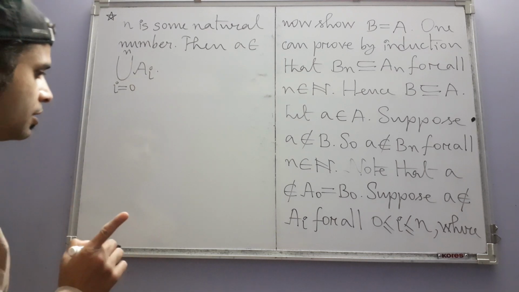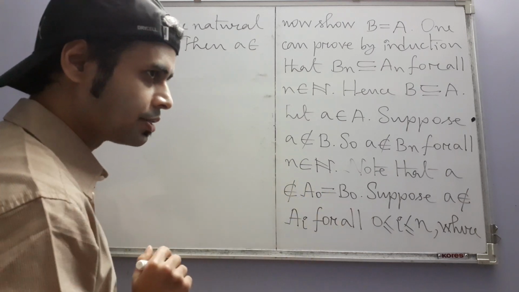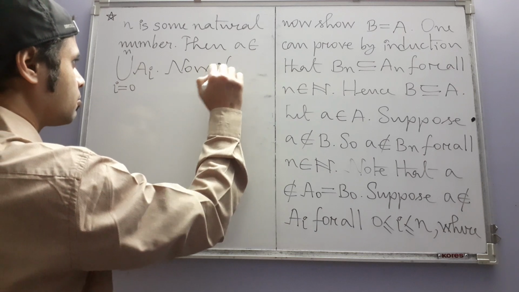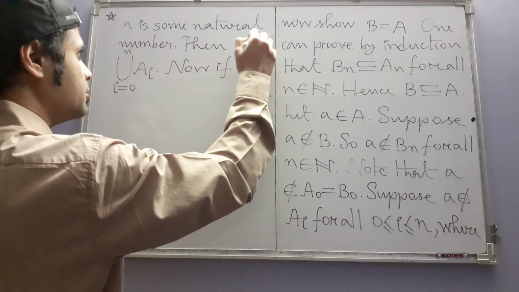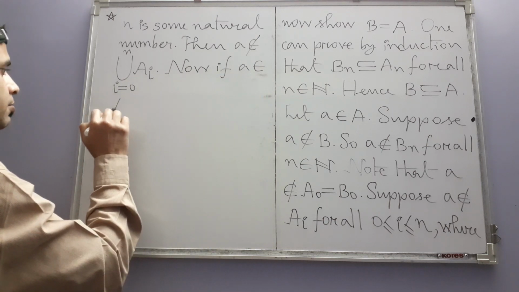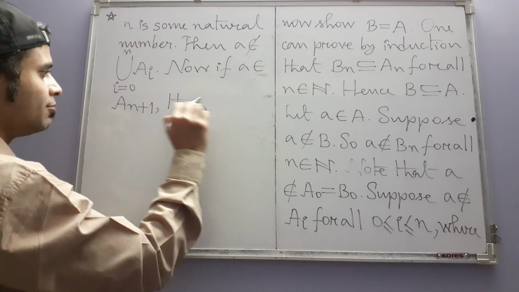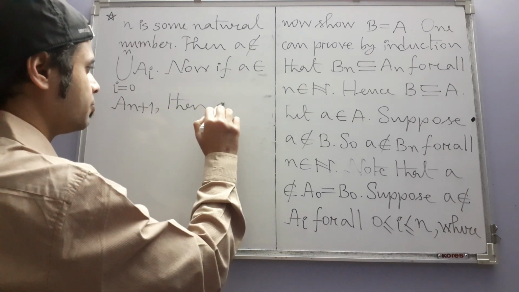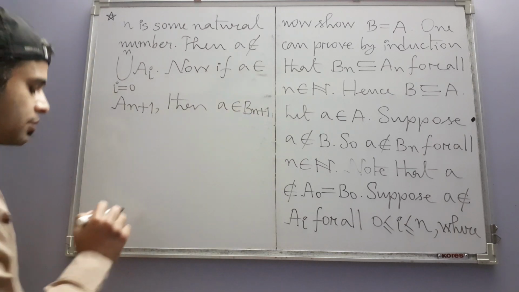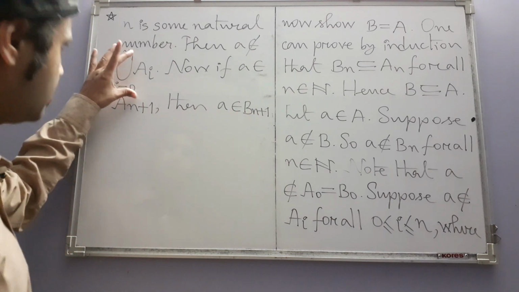Now in this situation, if a belongs to An plus 1, then by the definition of Bn plus 1, a would belong to Bn plus 1, because Bn plus 1 is the difference of An plus 1 and this union.